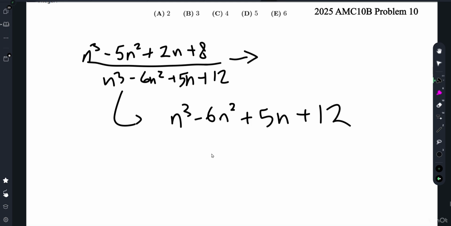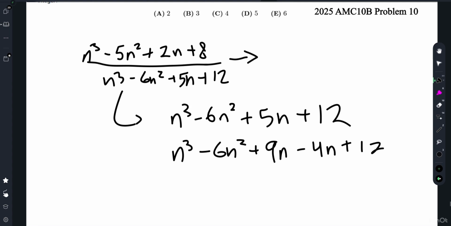Well, notice the coefficient of n squared is -6, so we can try using the completing the square method. So if we have n cubed minus 6n squared, and let's have this be 9n, so we have to minus 4n, so we can keep the same 5n.